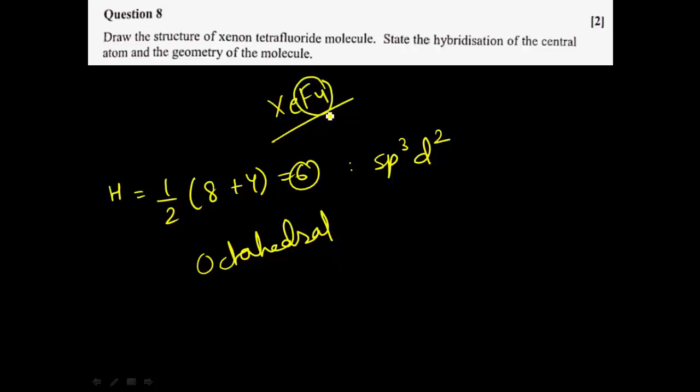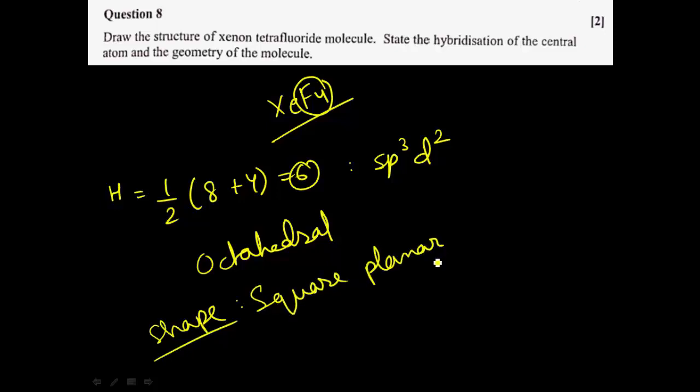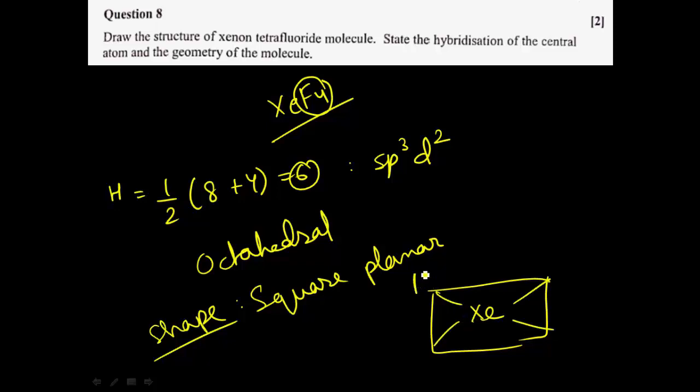This means that the rest 2 are lone pairs, so 4 bond pairs and 2 lone pairs, and sp3d2 hybridization means the shape will be square planar. If you want to draw this, draw a square, Xe at the center, 4 F atoms at the corners, and the 2 lone pairs here.